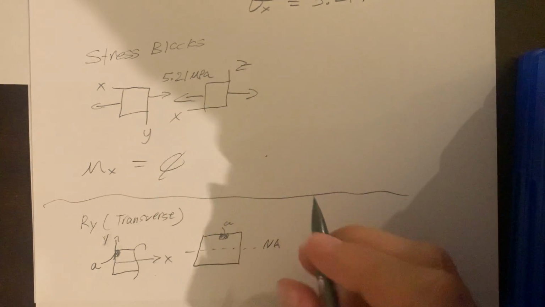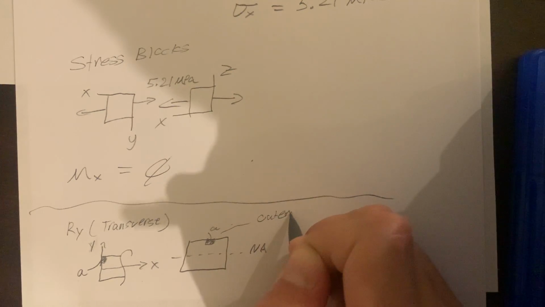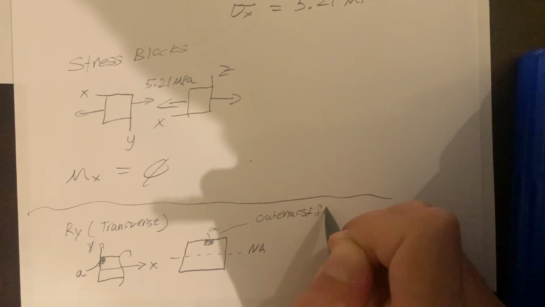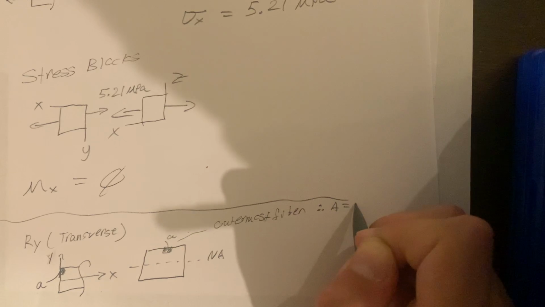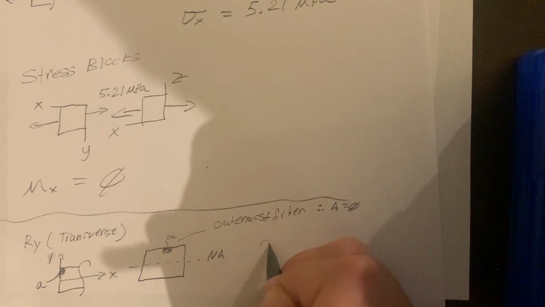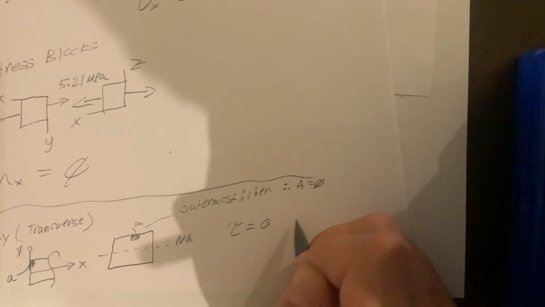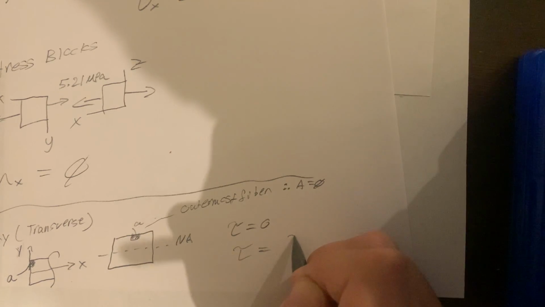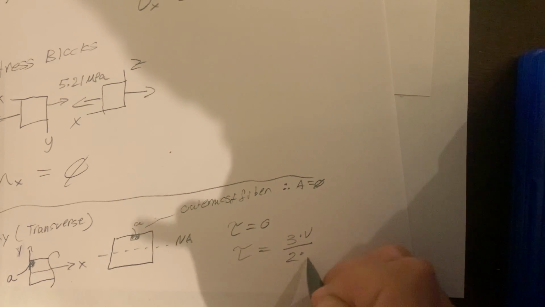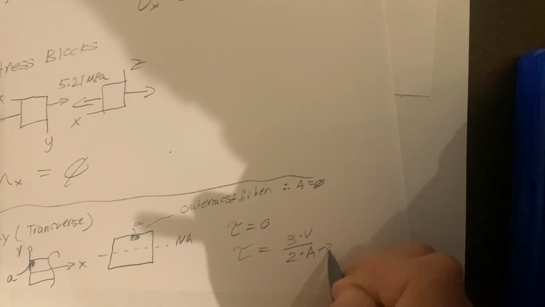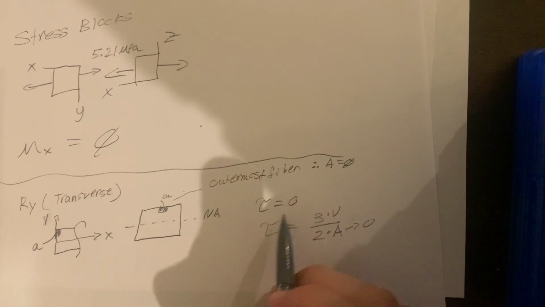That's A. This is actually the outermost fiber, and that means the area is equal to 0, meaning tau equals 0, and that's because the equation is tau equals 3/2 times volume over area. And if area is equal to 0, this just goes away, and there is no shear force.